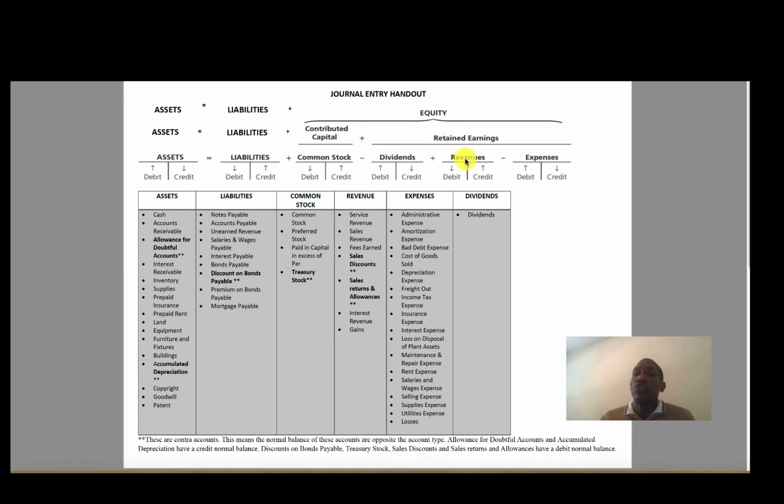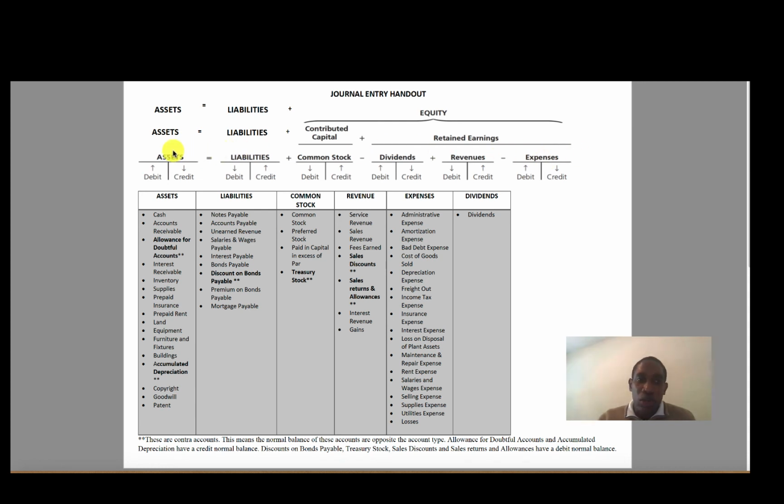So revenues minus expenses minus dividends, that is retained earnings. So we can take retained earnings and divide it into revenues minus expenses minus dividends, contributed capital into common stock, and then we can redo this expanded accounting equation into assets is equal to liabilities plus common stock minus dividends plus revenues minus expenses.